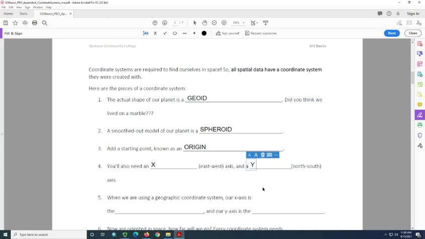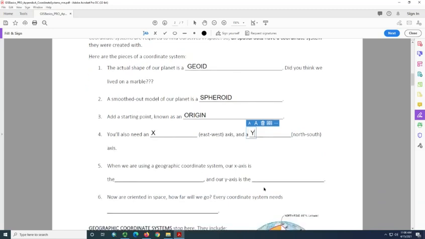So you've taken our lumpy, bumpy Earth, you've smoothed it into a spheroid with an origin and an x and y axis. That collection of things is actually called a datum, where you have the model that you've used to smooth the surface of the Earth, you've applied an origin to it and an x and a y axis. That's sometimes referred to as a datum.